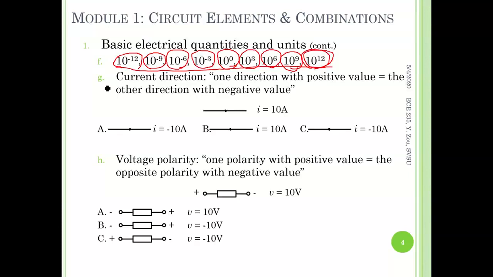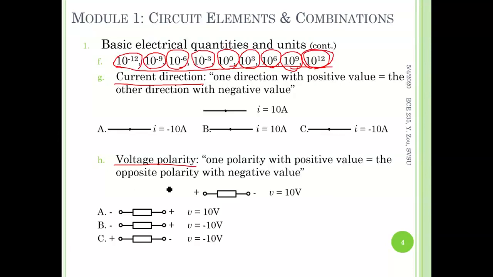Okay, with that being said, now let's talk about more concepts. I want to emphasize current direction, voltage polarity, and the power sign. 3 things.